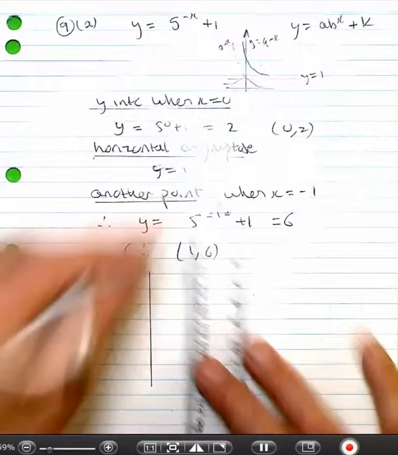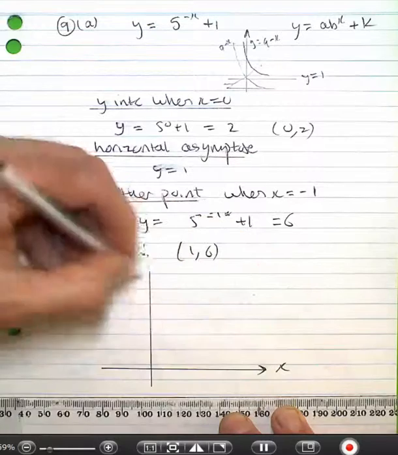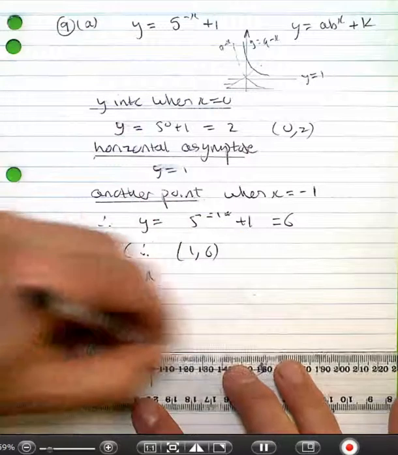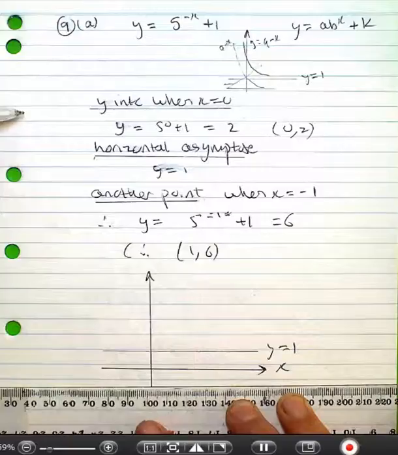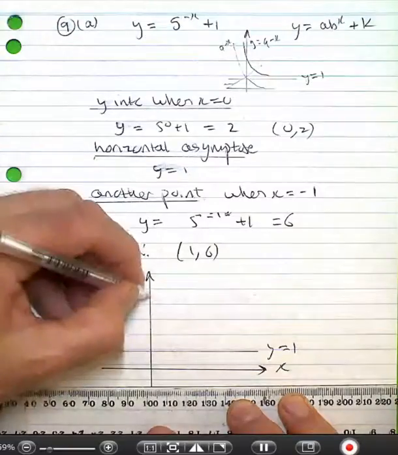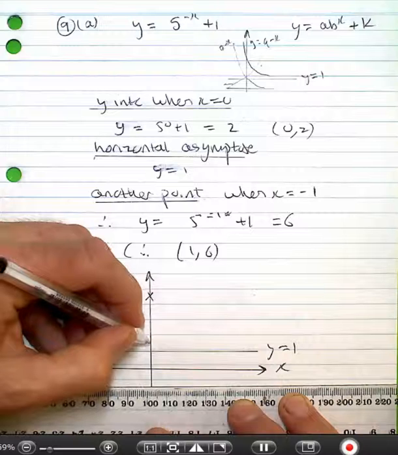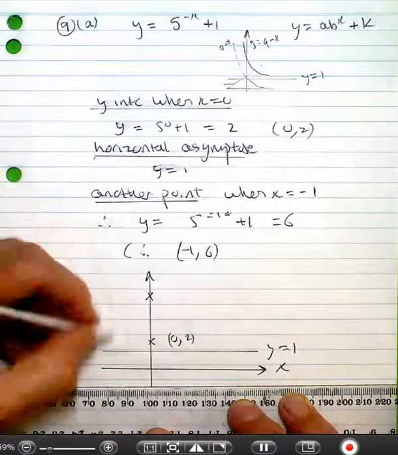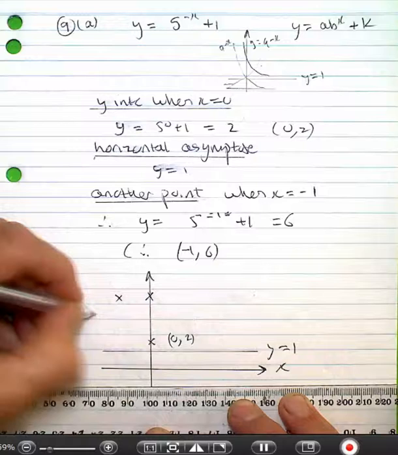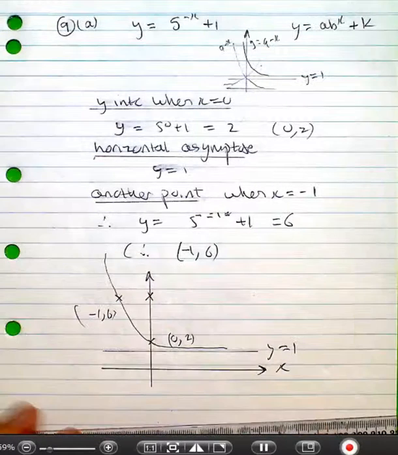Sketching up my graph totally obeys my original hunch. There's a horizontal asymptote. I've got (0, 6). Sorry, (0, 2), I should say. And I had (-1, 6). So my graph looking like so.